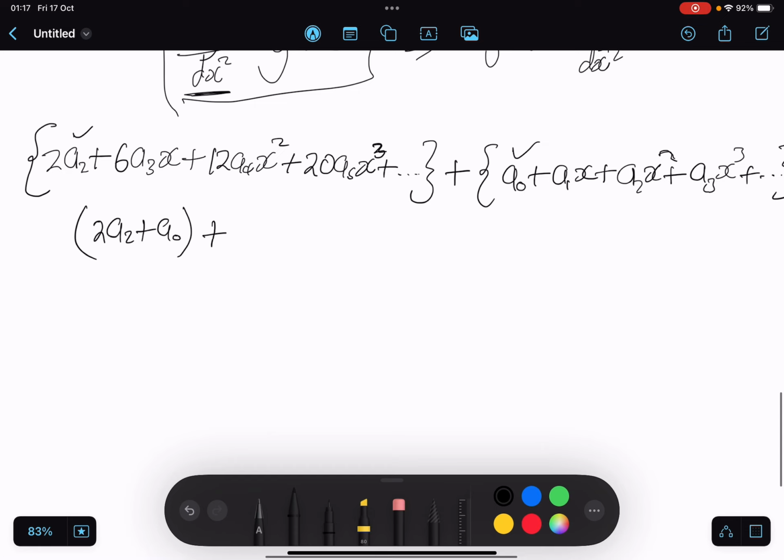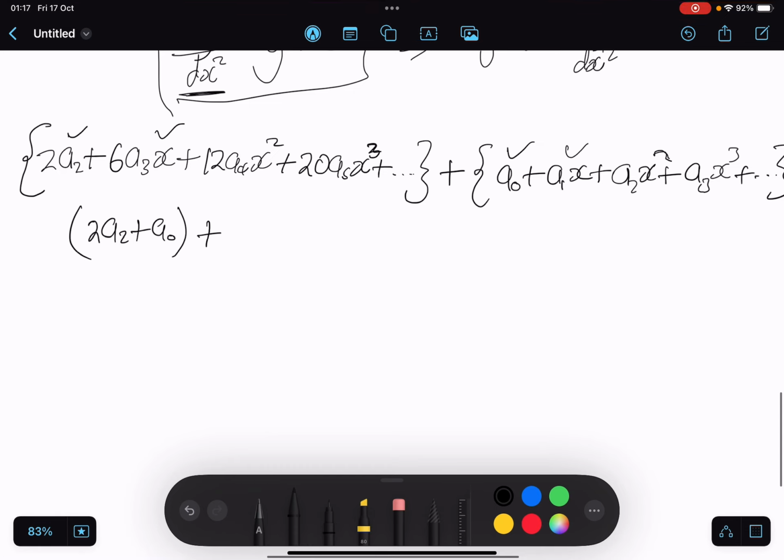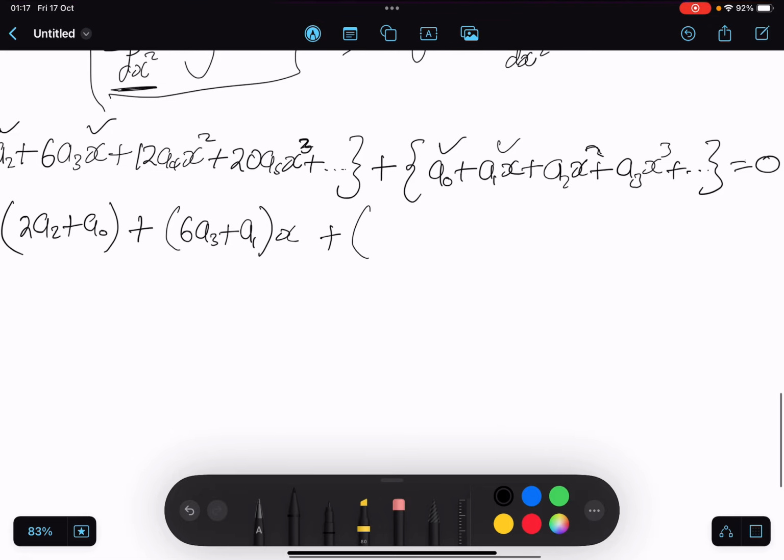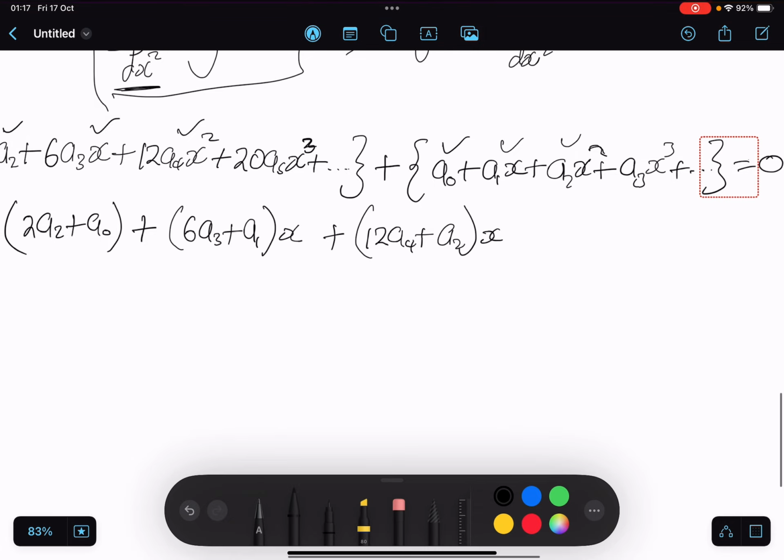Plus, and then I'm looking at the coefficients of x. So it's going to be 6a3 plus a1 x, plus the coefficients of x squared, which is 12a4 plus a2, x squared.